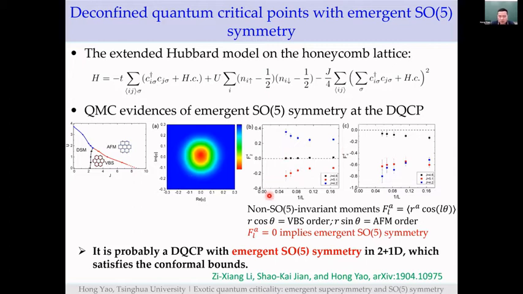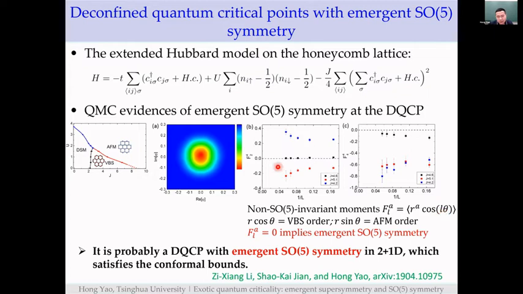So if we consider a two component order parameter, one component is the VBS order parameter, for instance the real part. If we consider the VBS order parameter as cosine theta and the antiparallel order parameter as sine theta, and if emergent SO(5) symmetry occurs, this anisotropy should be 0 at the quantum critical point.